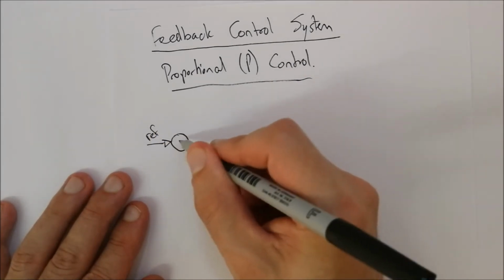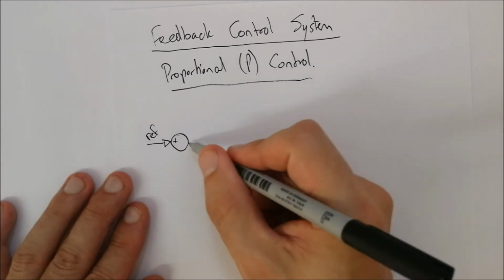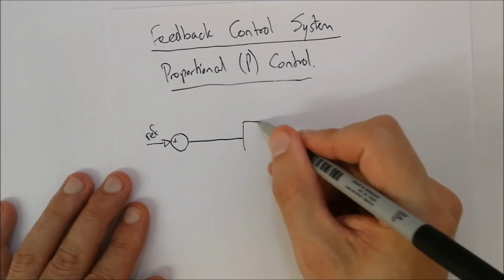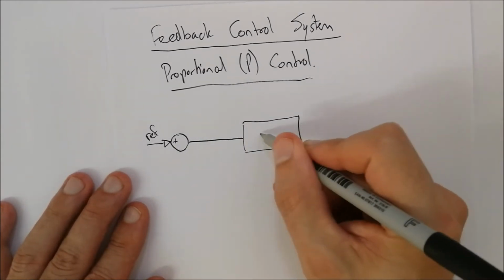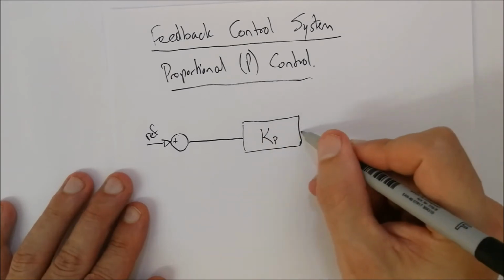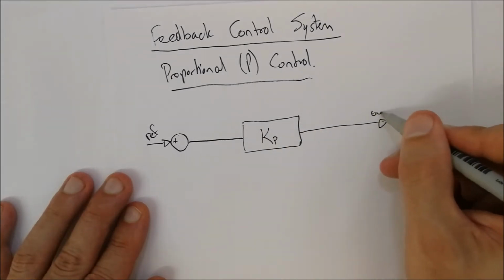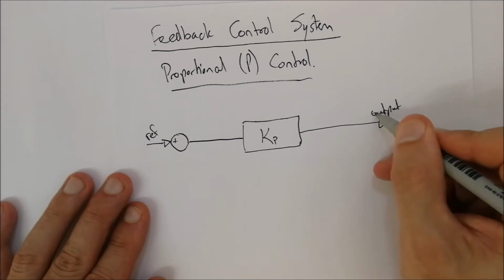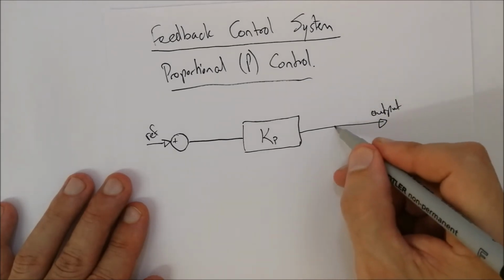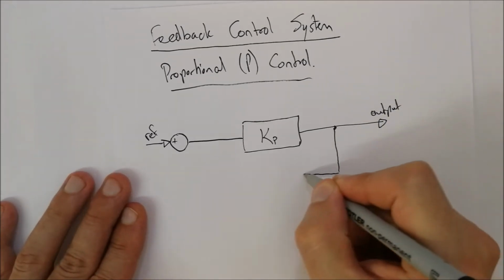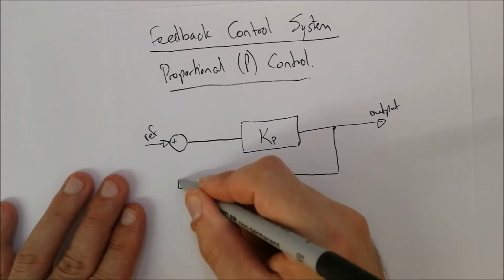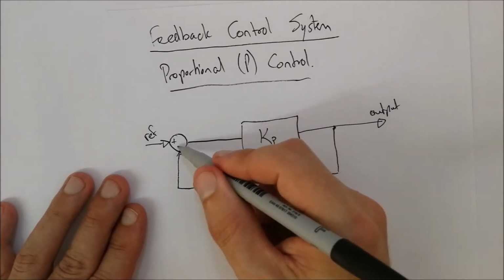There's an adder over here, it comes through, gets multiplied with a constant which we will refer to as Kp, and there will be some output represented over there. This output is monitored and it is subtracted at this adder.